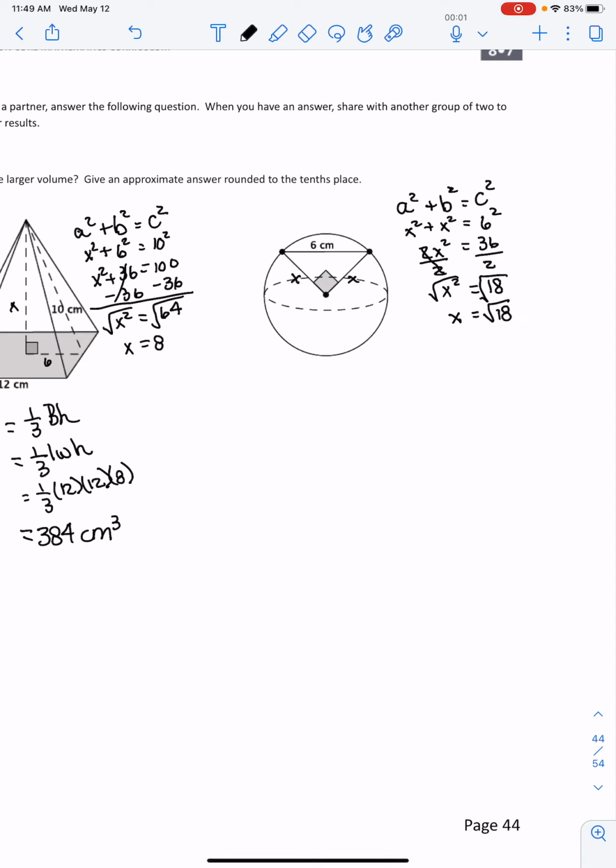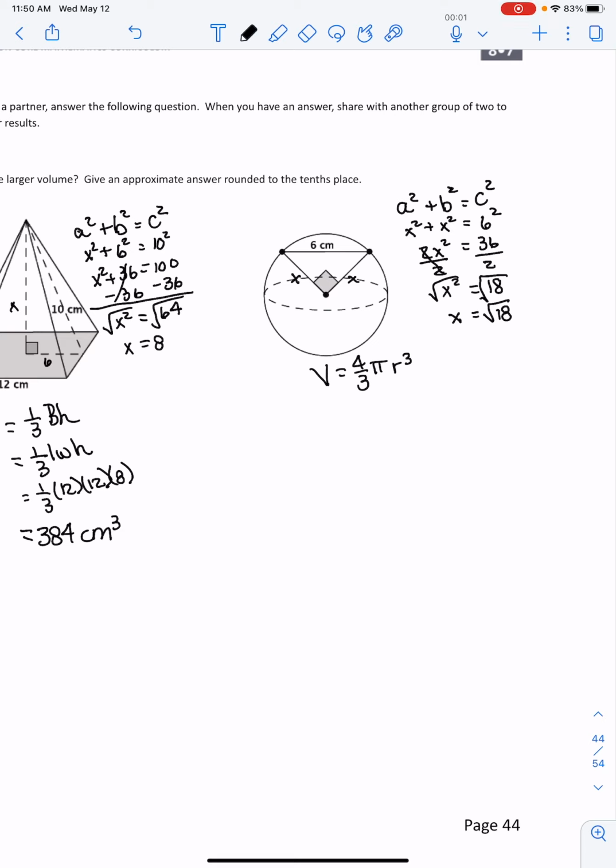Now here you have to watch, because for my sphere, my volume, remember, is 4/3 pi, I don't need that yet, r cubed. Okay.